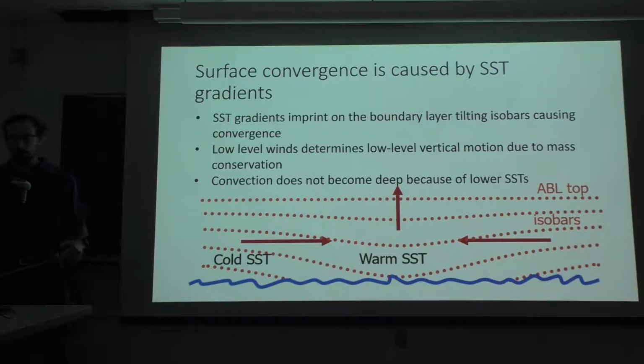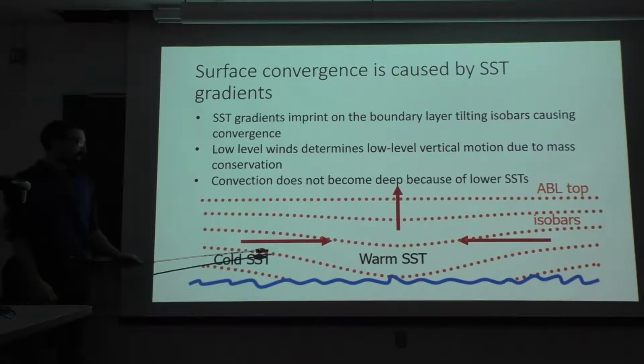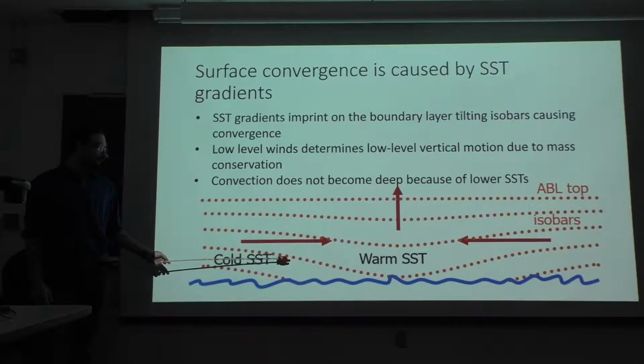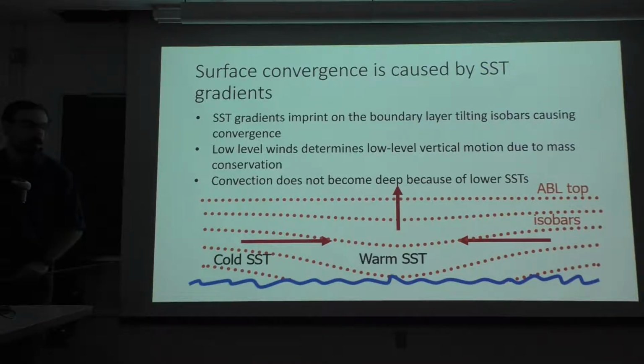One other part of this that's important is that this increases also the local winds, which also increases the amount of latent heating that you see due to evaporation, which could potentially be important to the system. But the primary importance and thing to remember is that generally the low-level winds lead to convergence.